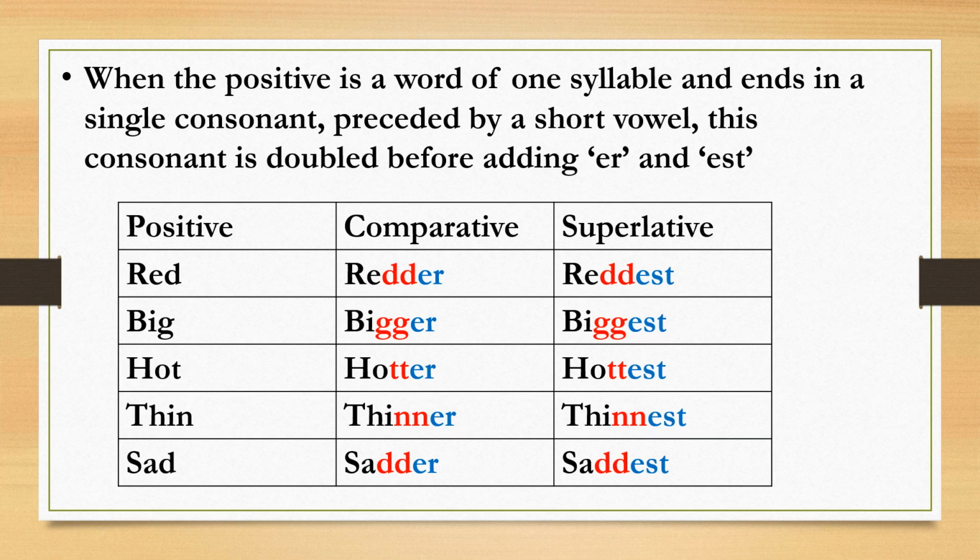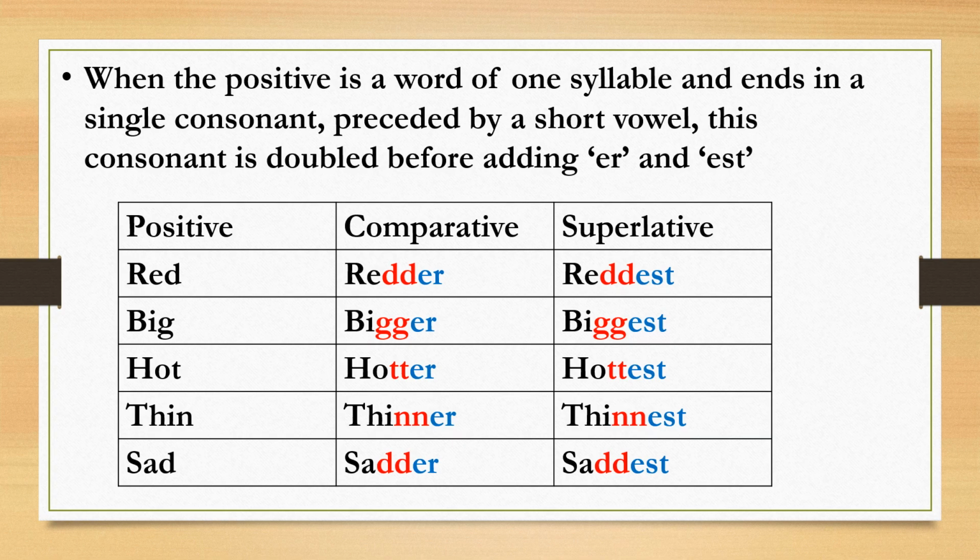To understand better, look at the first example in the table. We have the word red in the positive degree. Now, this word ends with the letter d, which is a consonant, and before this letter we can see the vowel e. Therefore, the last letter will now be doubled in the comparative and superlative degree.